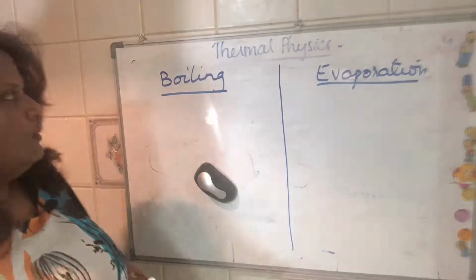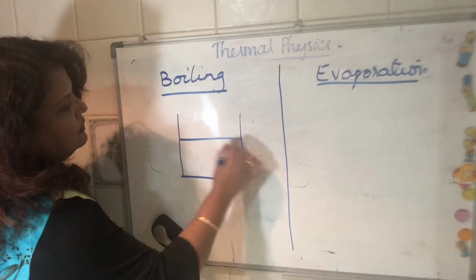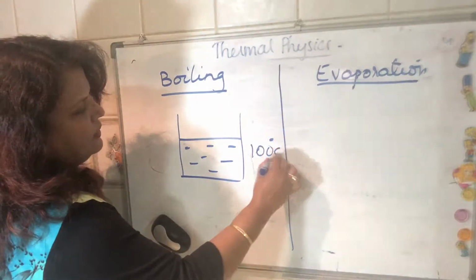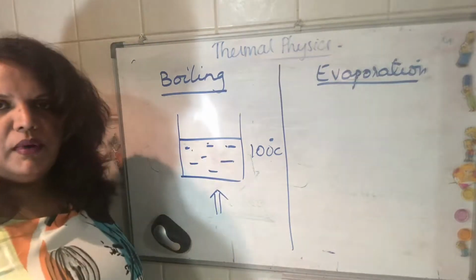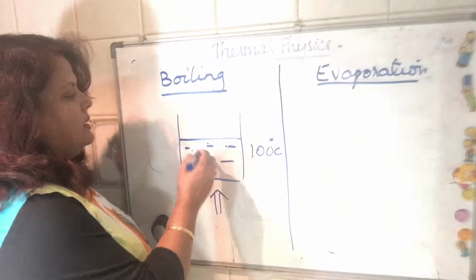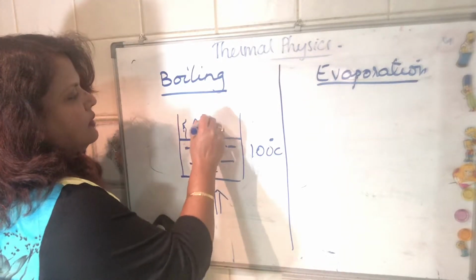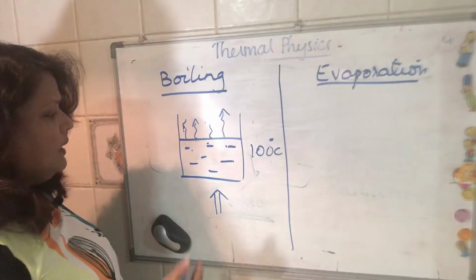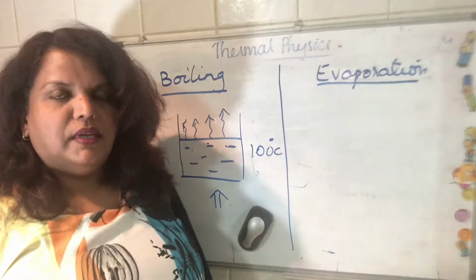Let's see. Now, when does boiling occur? You heat a liquid to its boiling point. If it is water, when it reaches 100 degrees Celsius, all these molecules will have the same amount of kinetic energy, and then they have the chance of escaping the liquid and they convert into steam. So here temperature and kinetic energy are key terms.